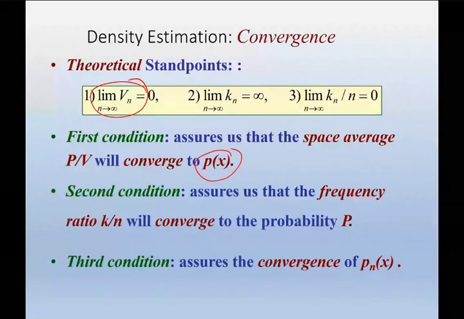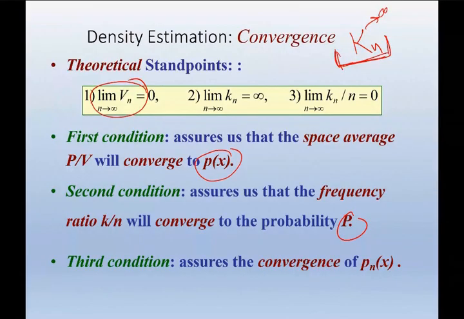Now the second condition assures us that the frequency ratio k by n will converge to the probability P. So I should have a sufficient value of Kn in my bin. Ideally I should have infinite samples, but this Kn should be a part of the number of samples n.